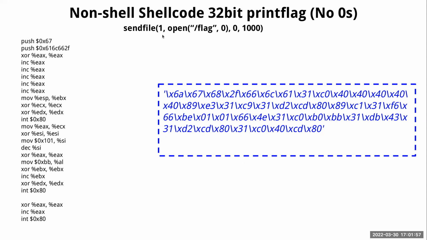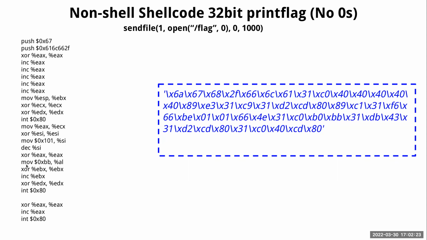And both of them, open and sendfile, we're not talking about function calls. They are system calls. That's why you can see there are two int 0x80 here. This is the first one. This is open. Then another int 0x80 here. This one is sendfile. We'll have another int 0x80, a third system call, which is exit. So we do exit 0 here.